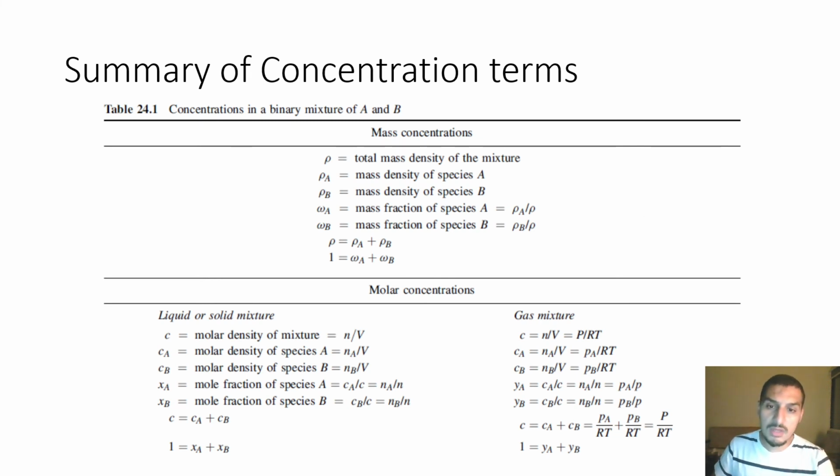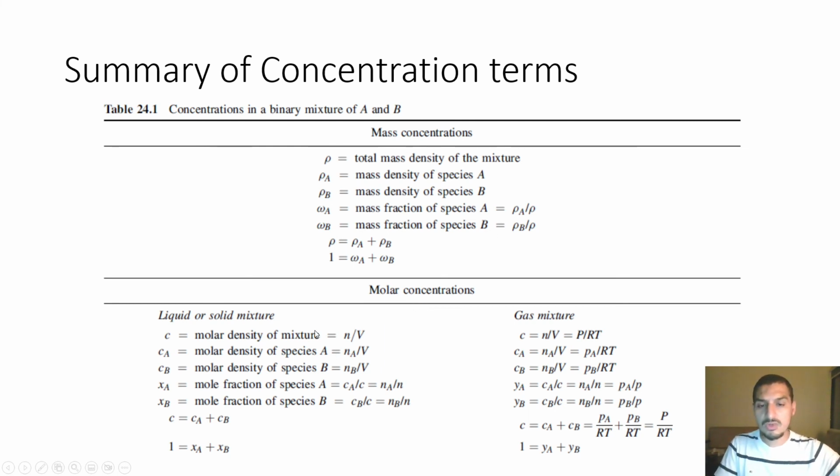One table. This table I got from the textbook, and it's a very nice table, and it summarizes almost everything that we mentioned in this video today. So it puts all the symbols with all the definitions: the mass, the density, mass concentration, mass fractions, the summations, and the relation between mass fractions and the mass concentrations.